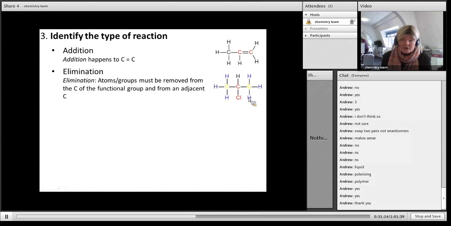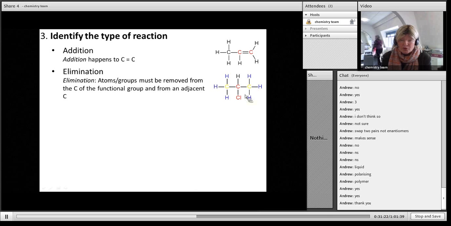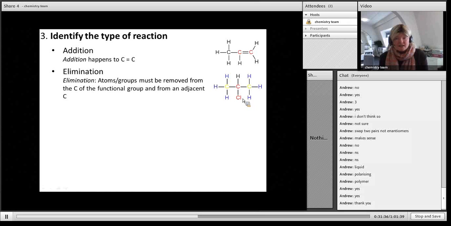So if this chlorine comes off, the hydrogen has got to come from one of these blue carbons. It can be any one of those blue carbons, and then we form an alkene. So elimination is when we have either an alcohol or a haloalkane where 2 atoms on adjacent carbons have to come off to form an alkene.